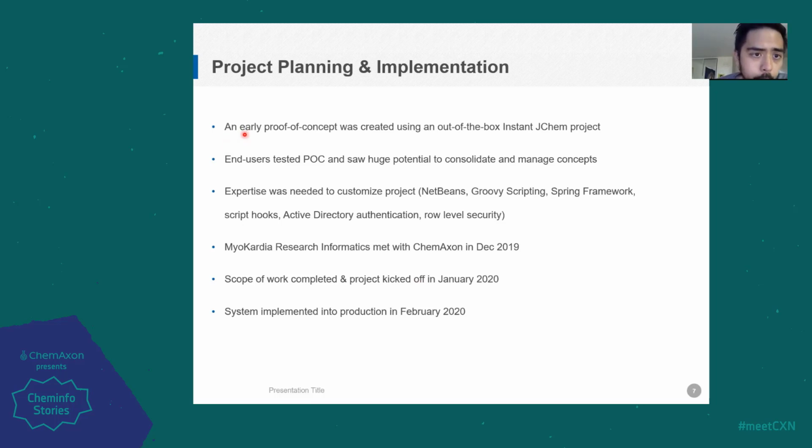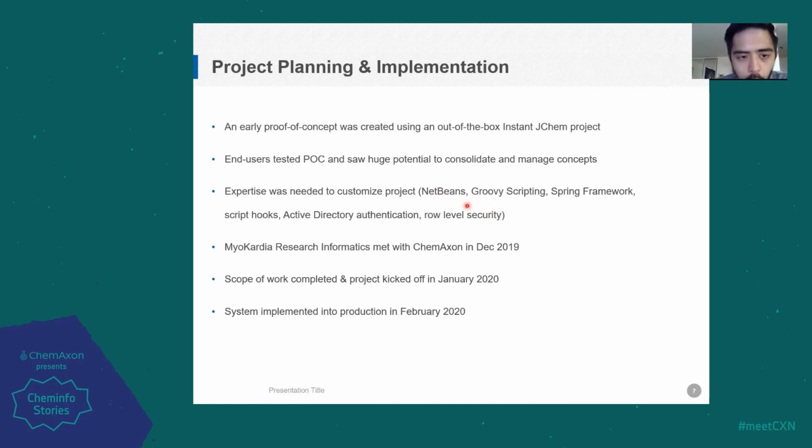So I built an early proof of concept using the out-of-box Instant JChem tools and widgets. So end users tested this proof of concept and saw huge potential to consolidate and manage these concepts. It wasn't perfect. I got to about 80% of exactly what we wanted using just Groovy scripting and button scripts.